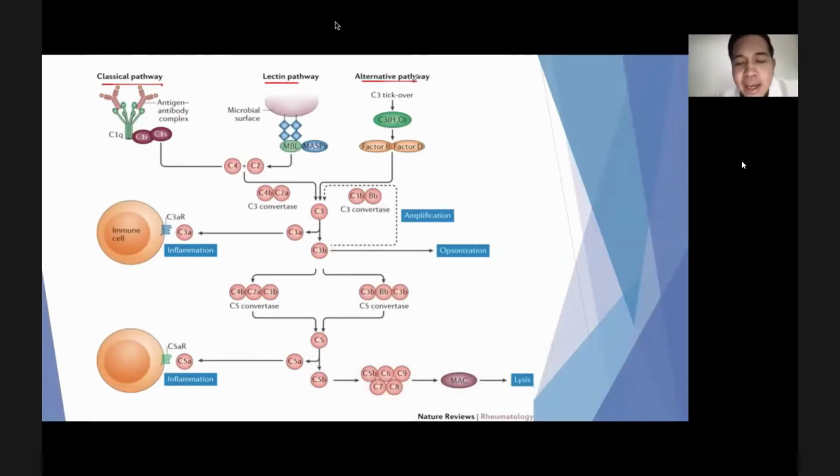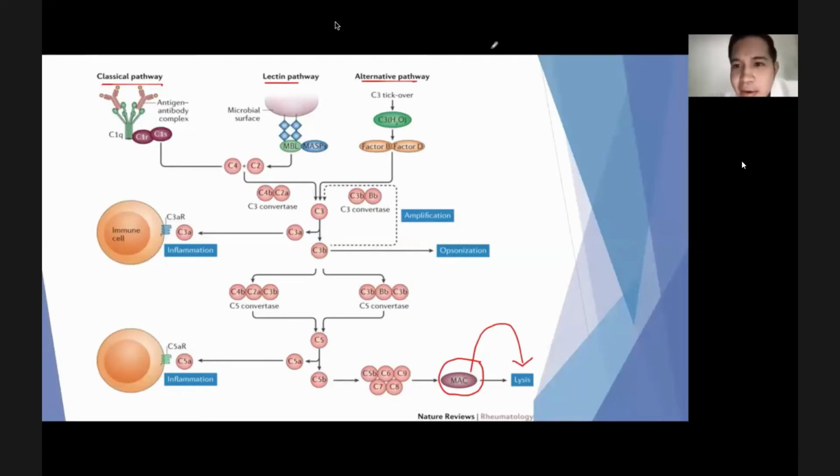Iba-iba man silang pathway, pero isa lang ang endpoint nila. Tingin dito sa baba, ito ang endpoint nila: the formation of the membrane attack complex that would result to the lysis or destruction of the bacteria. Okay? So tandaan ha, yun ang endpoint. So yun ang goal po nitong complement cascade na ito.